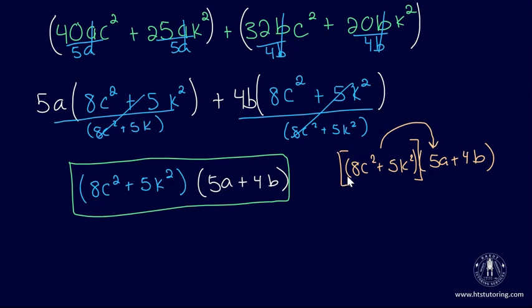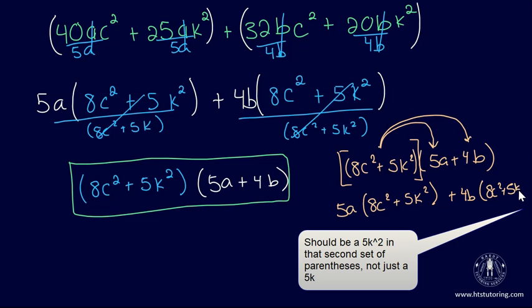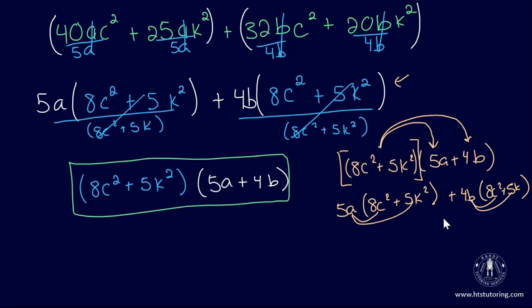If I multiply this expression times 5a, I end up with 5a times 8c squared plus 5k squared, plus 4b times 8c squared plus 5k squared, which is that step. And if we multiplied both of these out, 5a times each of these and 4b times each of these, we would get back to our original answer. So I encourage you to do that and make sure that you get back to the original answer.